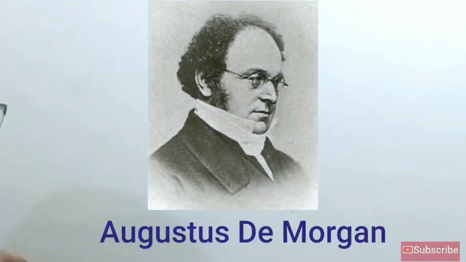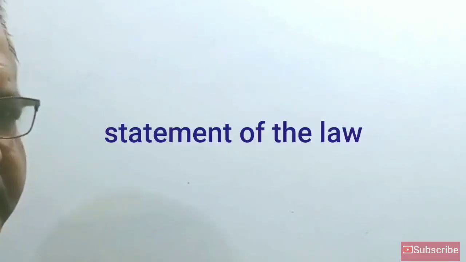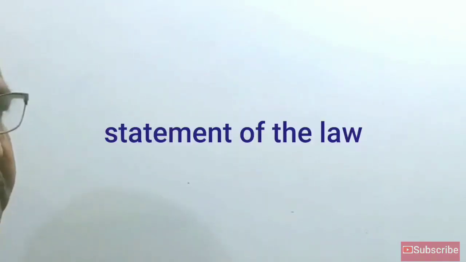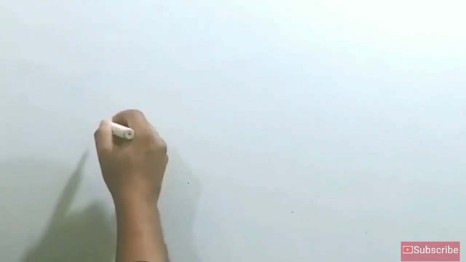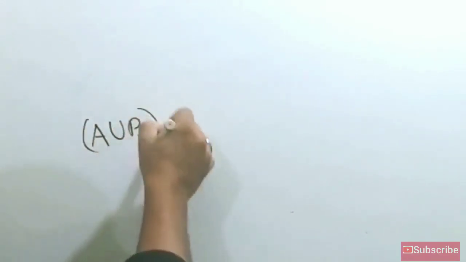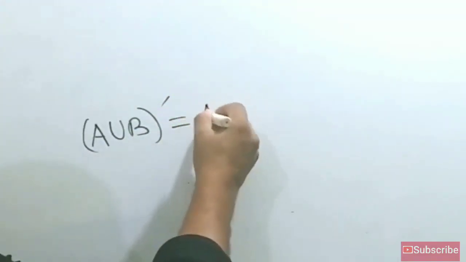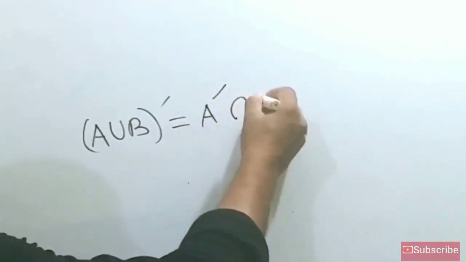Okay. Here we get another important law that is given by De Morgan. So the name of the law is De Morgan's law. Now we will take only the statement of De Morgan's law. This law is based on the complement of a set. Let us consider two sets A and B whose union is, suppose A union B is this one, and its complement we need. Then by De Morgan's law we get A complement intersection B complement.